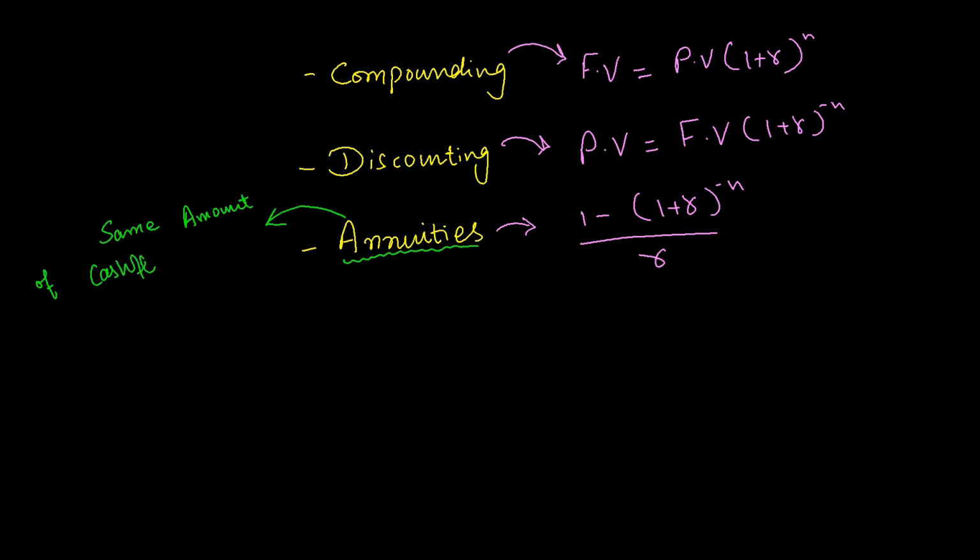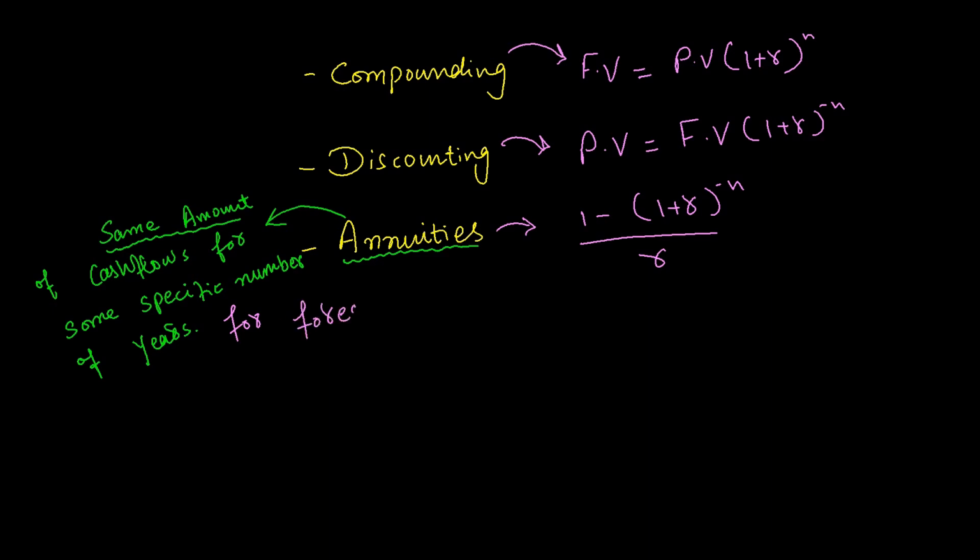But in case we expect that we will receive these cash flows, let's say, for the foreseeable future, or in other words, for always, then in that case we can calculate the present value.